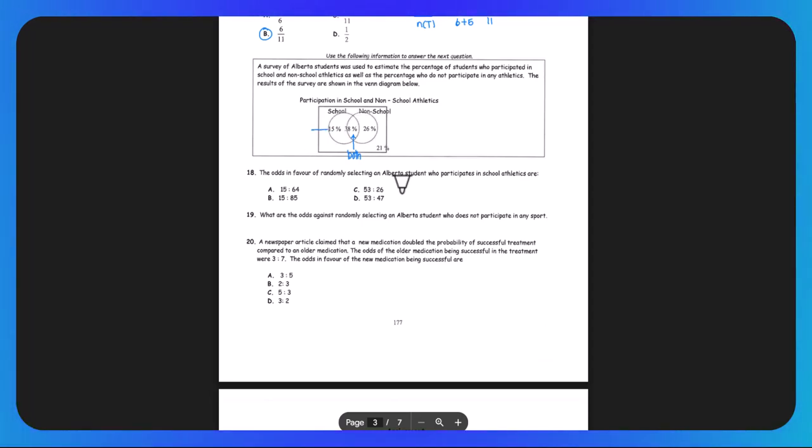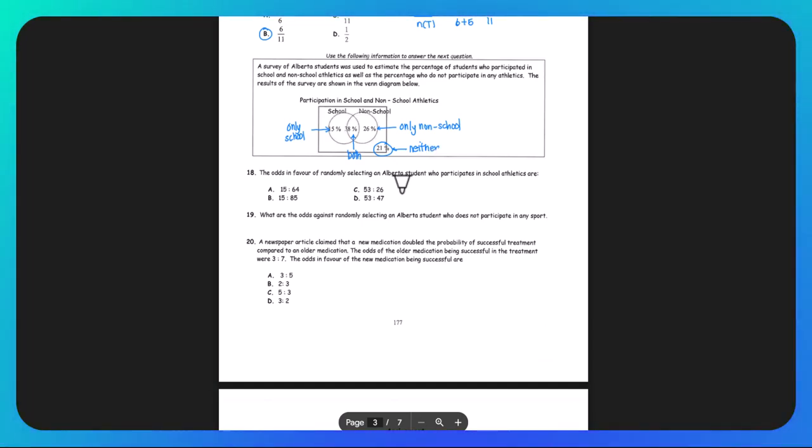This means that 15% take only school activities. And this means that 26% take only non-school activities, which means the last number here, 21%, take neither.